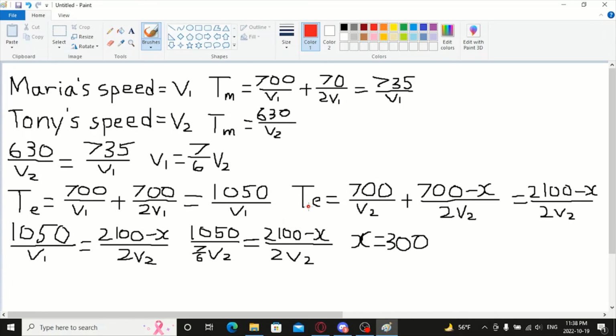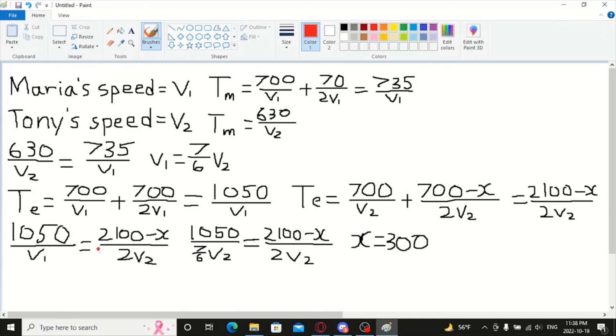We also know that Te is equal to 700 over Tony's speed plus 700 minus x over 2 times Tony's speed. Now, x is equal to the difference between Tony's distance and Maria's distance when Maria reaches the end of the race. So we end up with the calculation of 2100 minus x over 2 times v2.